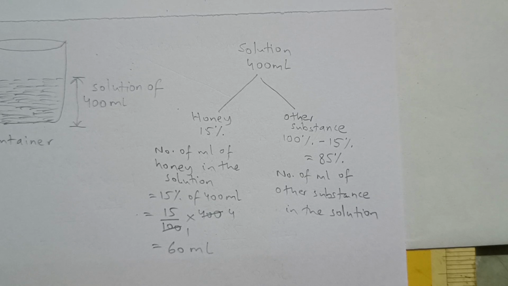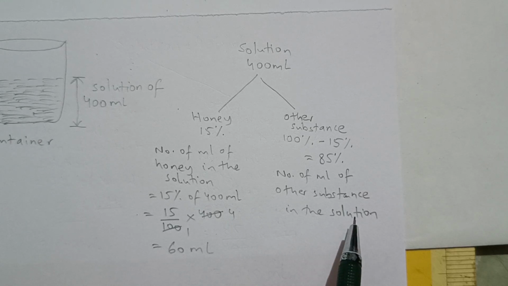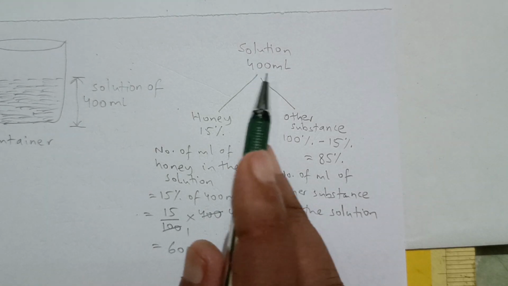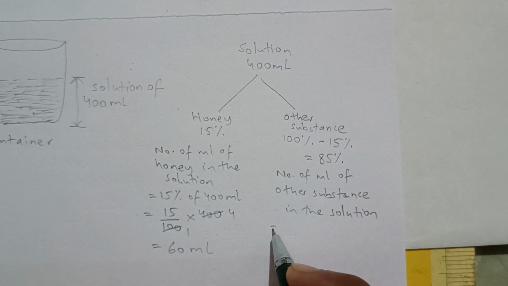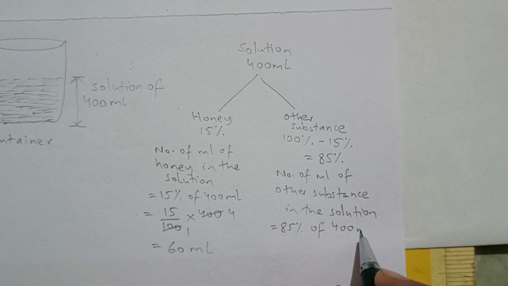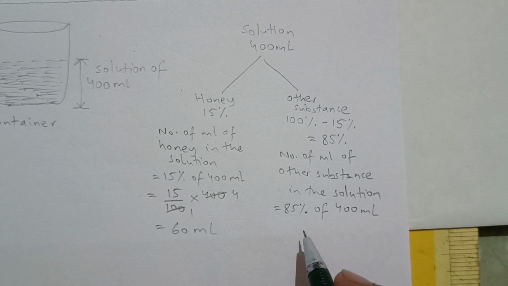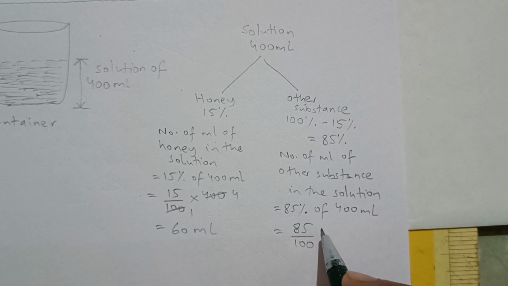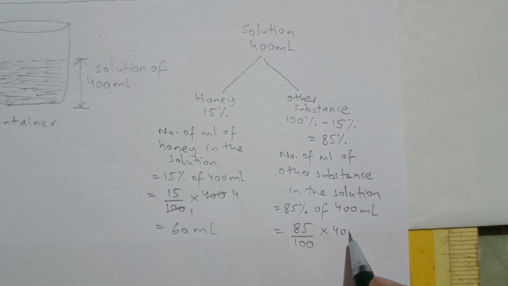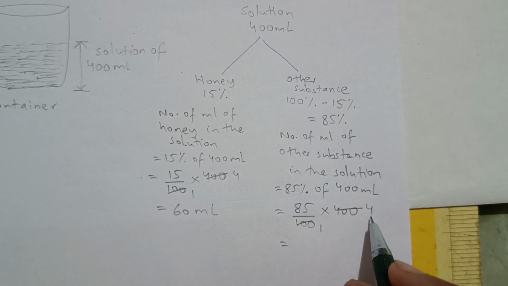Now similarly, let us find out the number of milliliters of other substance in the solution. It is 85% of 400 milliliters. 85% is 85 by 100, multiplied by 400. 100 ones are 1, 100 fours are 400.